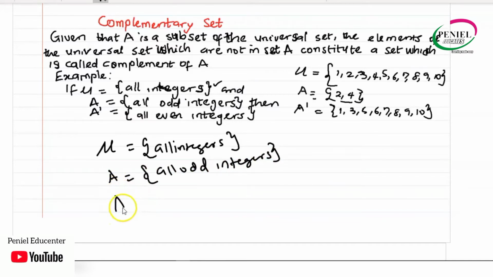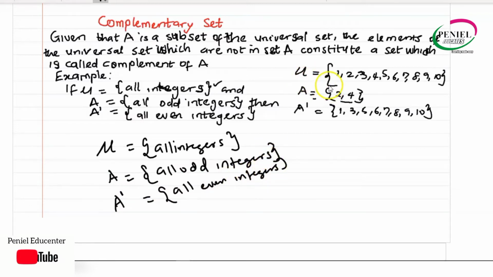We say A complement. A complement means all integers that are not odd numbers, all integers that are not odd. That is A complement. So A complement would then be all the even integers. All right, that is the complement.